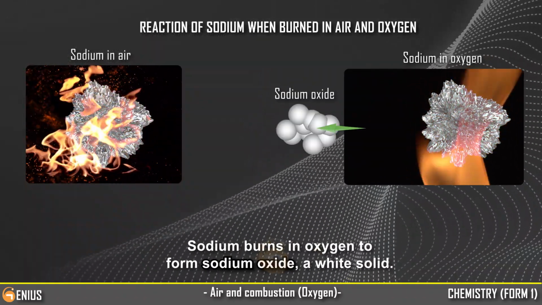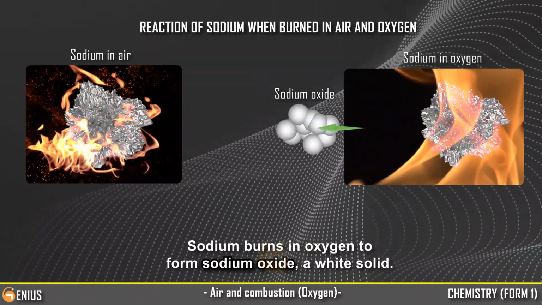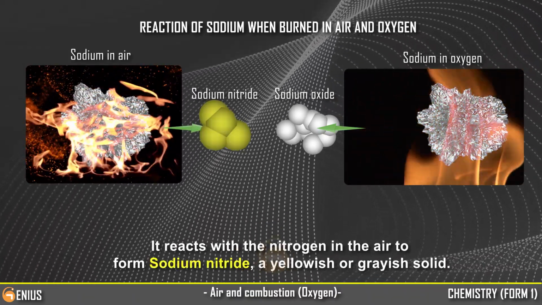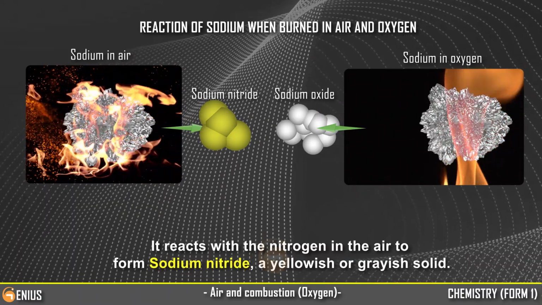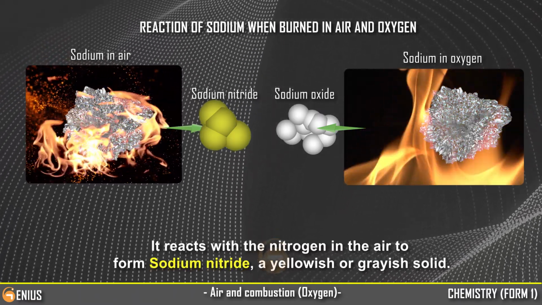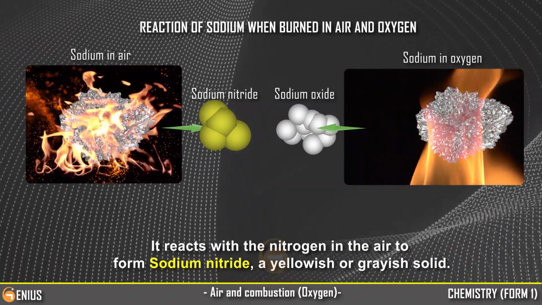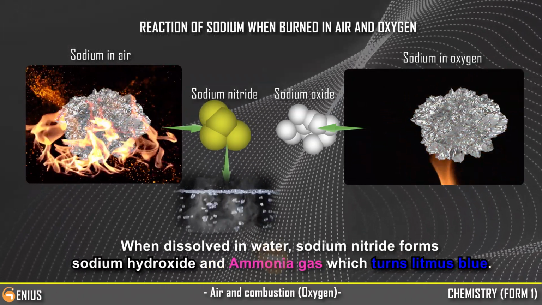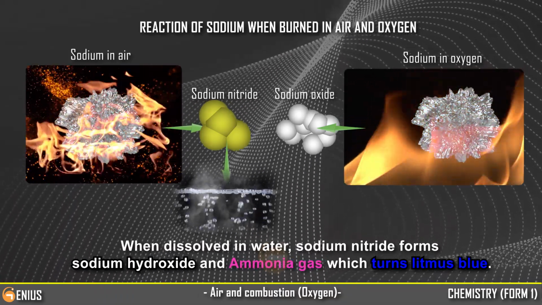Sodium burns in oxygen to form sodium oxide, a white solid. It reacts with the nitrogen in the air to form sodium nitride, a yellowish or grayish solid. When dissolved in water, sodium nitride forms sodium hydroxide and ammonia gas, which turns litmus blue.